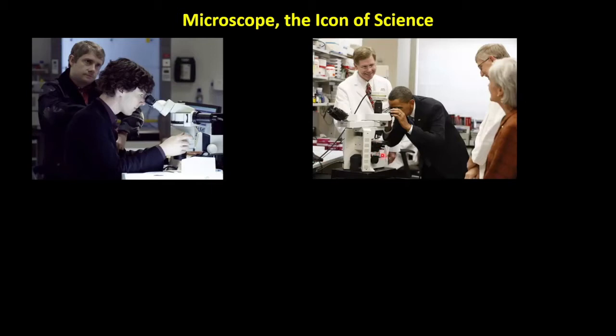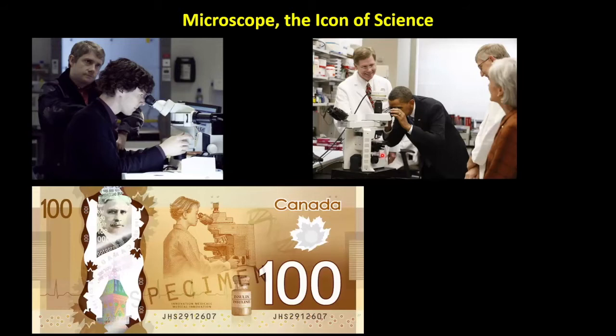You probably also saw this on your neighbor's $100 polymer banknote. On the back of this $100, you can see a lady looking through a microscope. If you have seen enough types of microscopes, you will recognize this is a Zeiss Axio Imager 2 microscope.